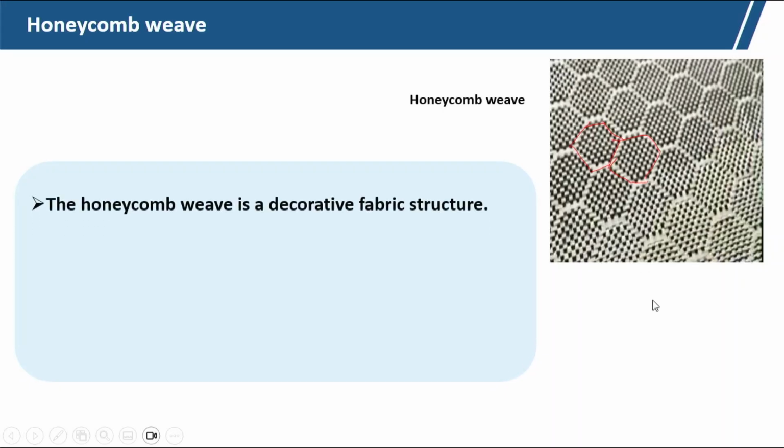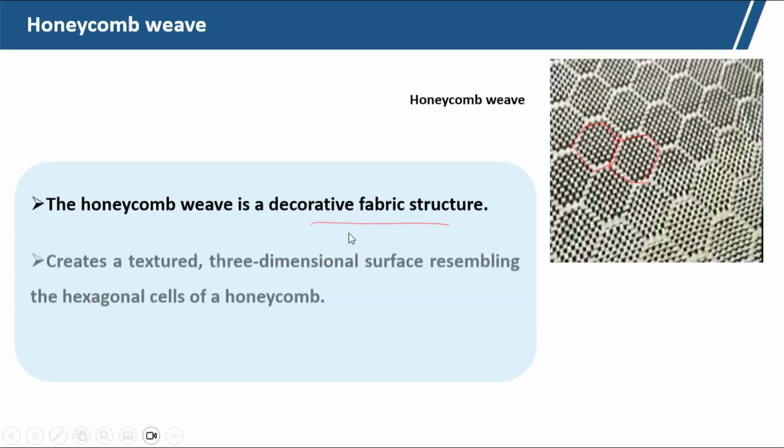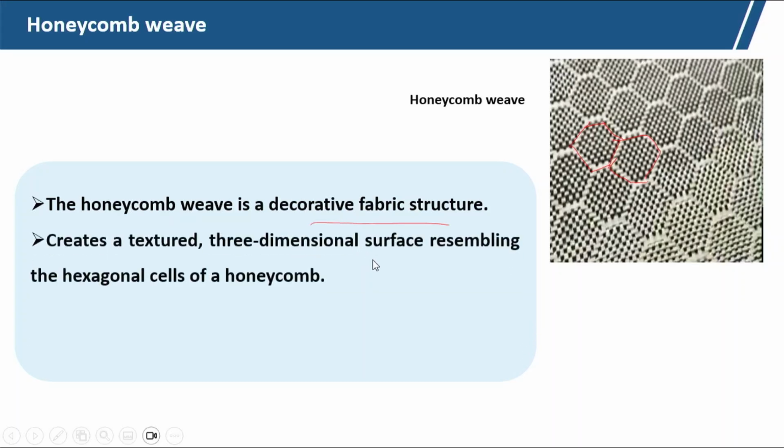The honeycomb weave is a decorative fabric structure. It creates a textured 3-dimensional surface resembling the hexagonal cells. These cells are 3-dimensional. The edges will be protruding upward and these are the cells.